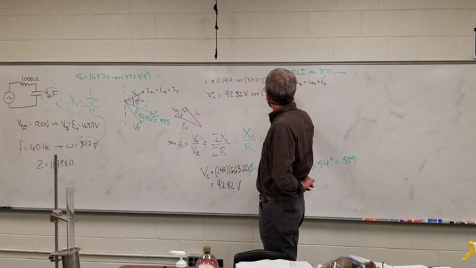Because the voltage across the resistor, that phasor's sitting right on top of the current one. So I have my 6 equations, where 3 of them happen to be identical.